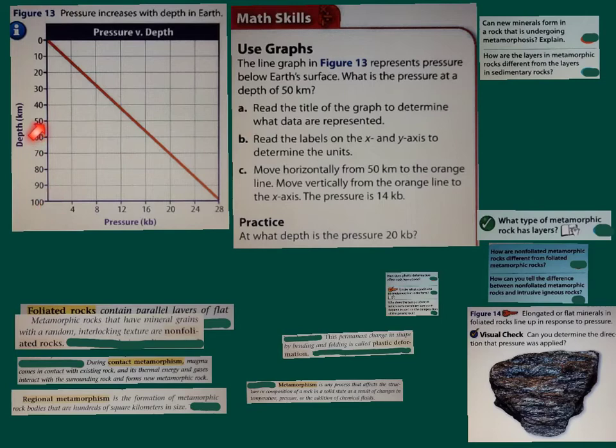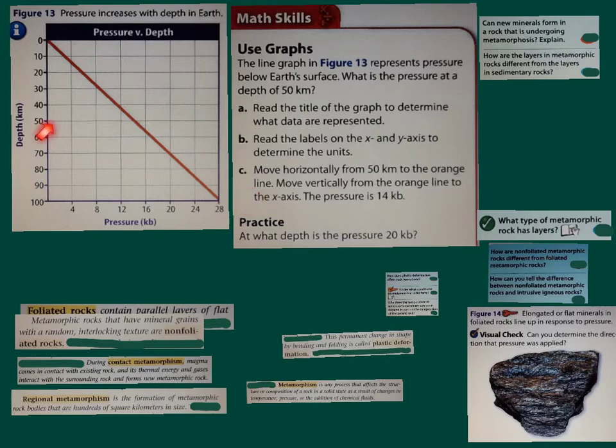You're going to read the title of the graph to determine what data is represented. Pressure versus depth. Read the labels on the X and the Y axis to determine the units. Here's pressure, and over on the other side is depth. It says move horizontally from 50 kilometers to the orange line.